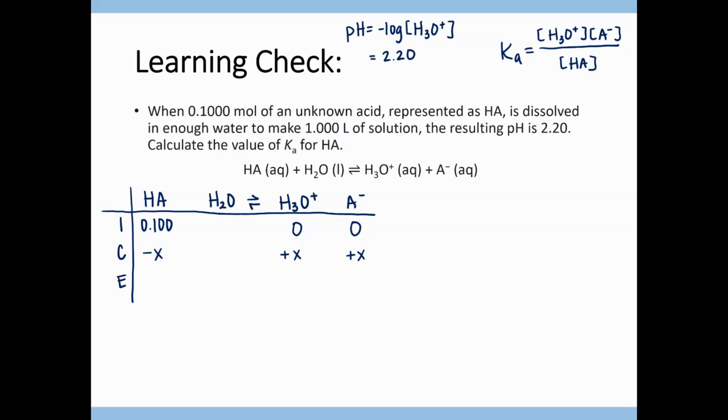With the pH being 2.2, we can calculate H3O plus concentration by doing 10 to the negative pH. And that gives us H3O plus concentration at equilibrium. So 10 to the negative 2.2. This is 0.0063.